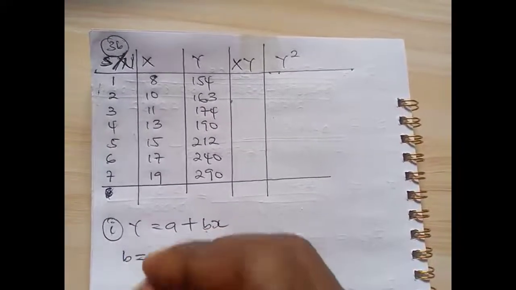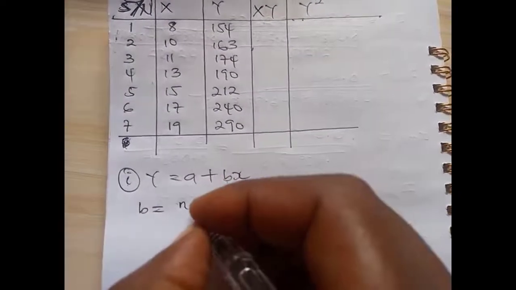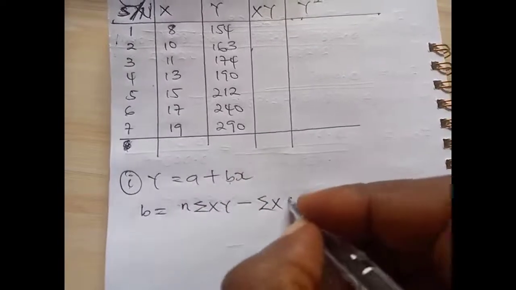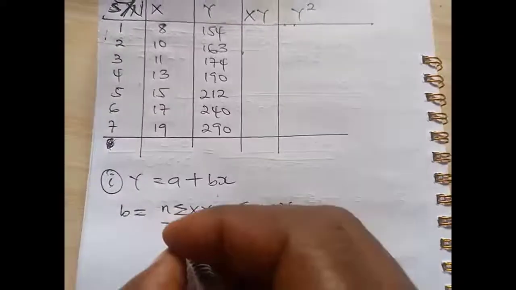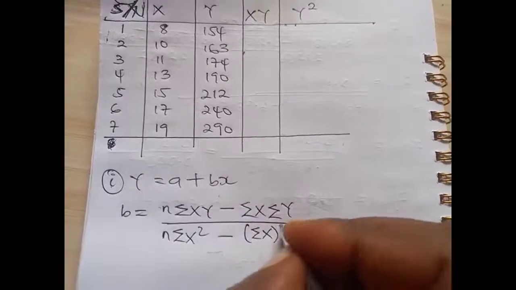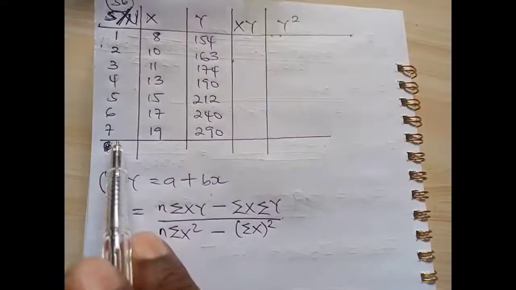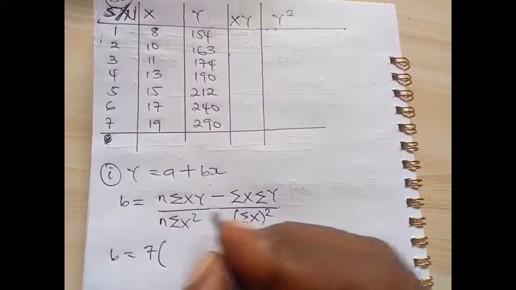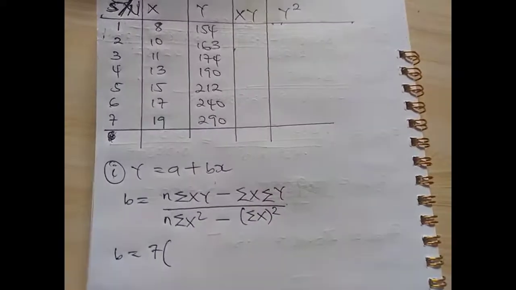The formula of b is n summation xy minus summation x summation y, over n summation x squared minus summation x all squared. So we have n, the number of observations, which is 7, and we need to find summation x, and find x squared and sum it. So we do that.